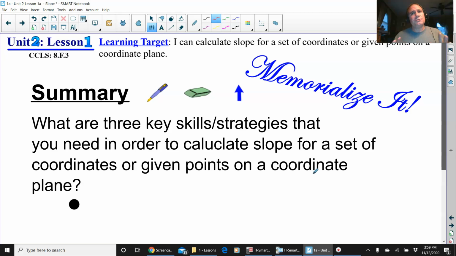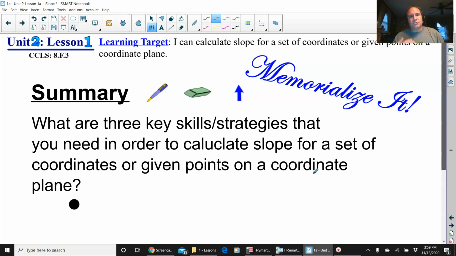Please don't forget to do the summary for this lesson, for this 1A. The summary really should be in full sentences. Please don't list random thoughts, but list full sentences.